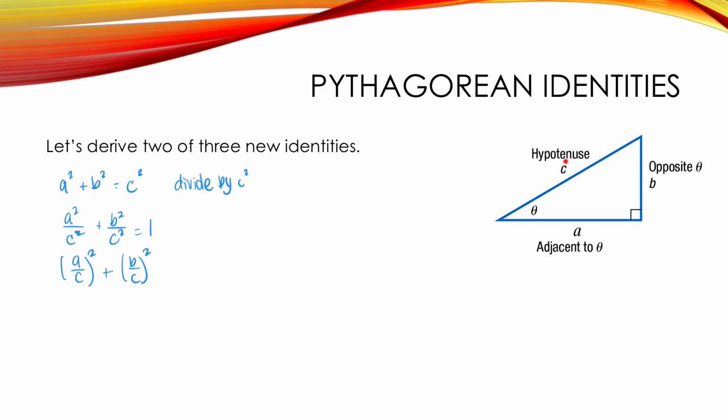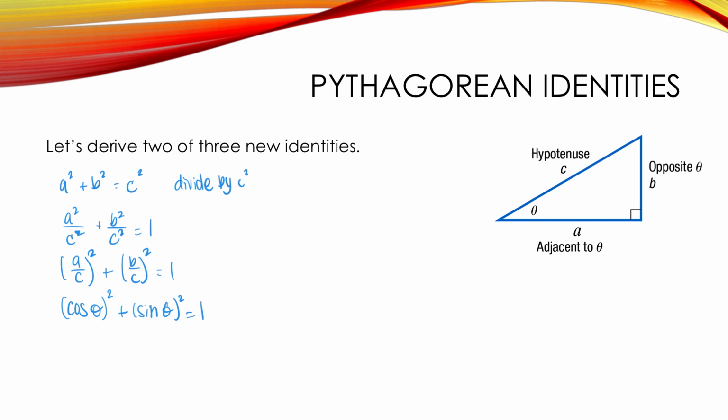A over C is adjacent over hypotenuse, which happens to be cosine of theta. So this would be cosine theta squared. And B over C is opposite over hypotenuse, which is the sine of theta.